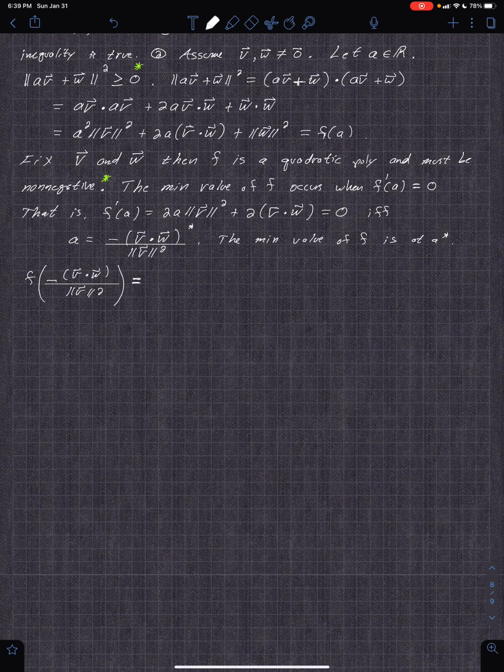Where's my function again? I'm putting it here and evaluating. So I get v dot w over, squared, over magnitude v squared, minus 2 v dot w squared over magnitude v squared, plus, and then this doesn't change, magnitude w squared.